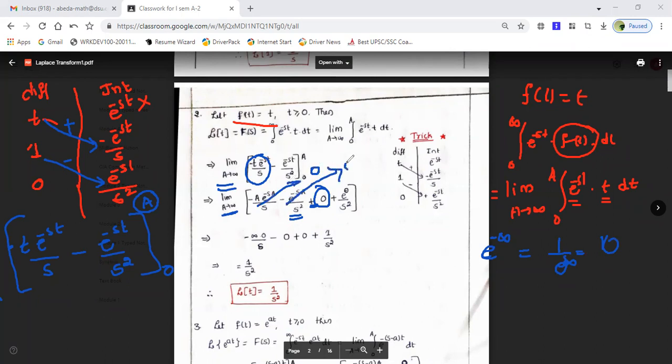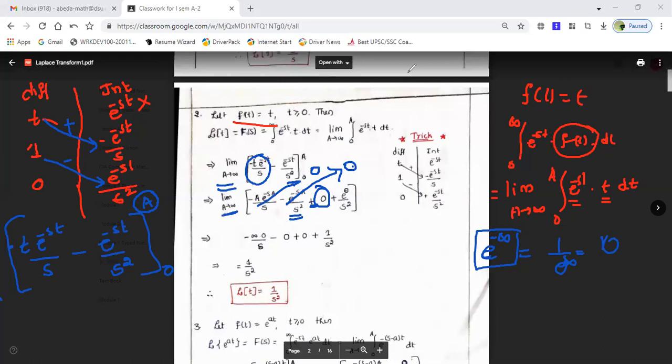Similarly this also will tend to 0. Remember, whenever you are getting something in the form of e to the power minus infinity, that particular term or associated term will tend to 0. Okay, so this is what is becoming 0 now. Now this is already 0, so what about this term then? Since this is free from a, there is no need of applying the limit here.